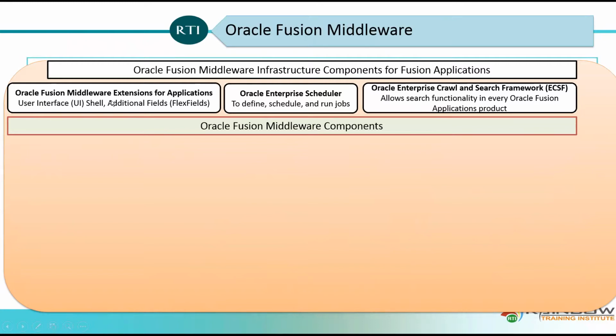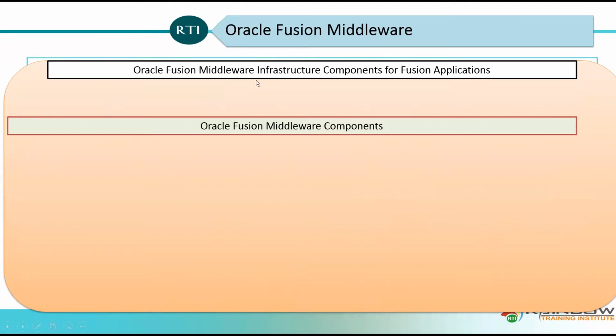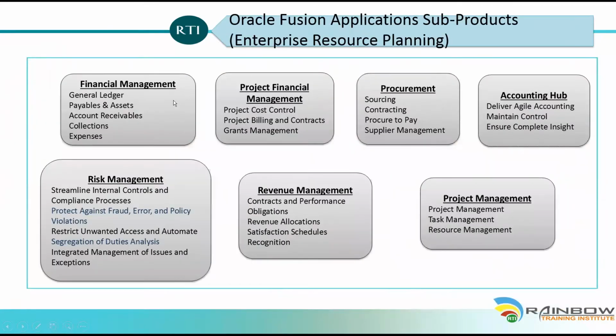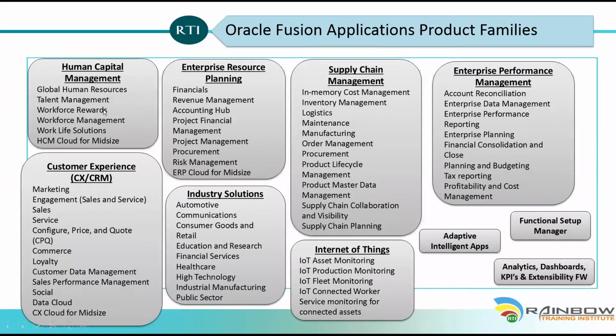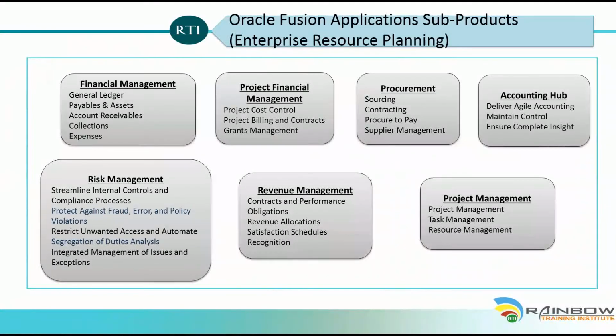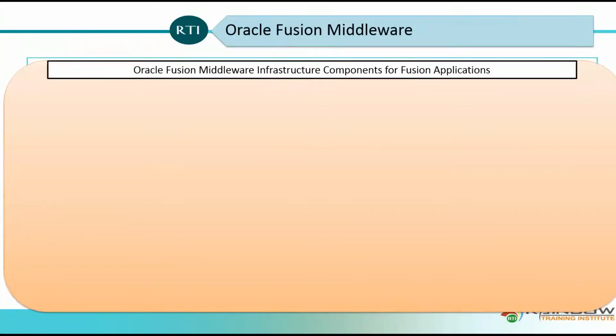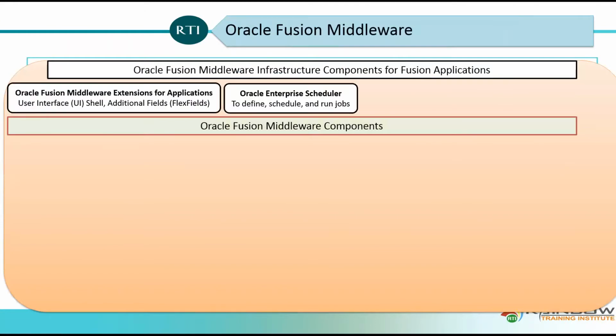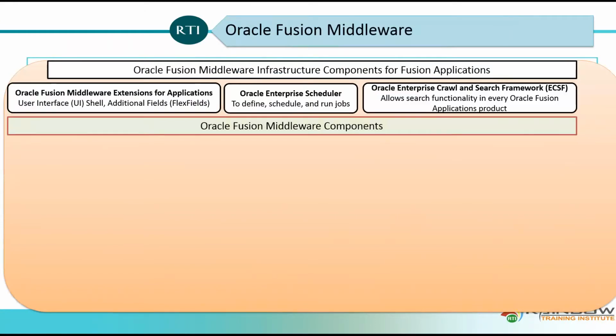Okay, and additional fields. What happens with the Fusion application? As Fusion application has its own product families, every product family will have its own processes, and every process will come with a limited number of fields. Limited number of fields means that the application will have, let us say, 100 tables, and each table has 100 columns, something like that.